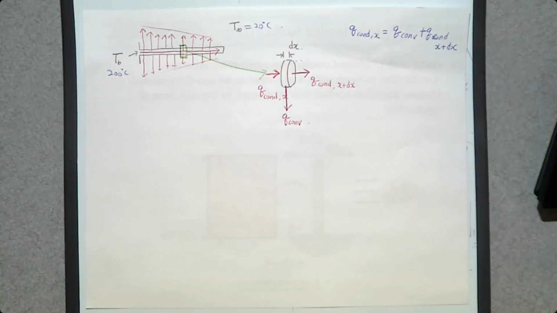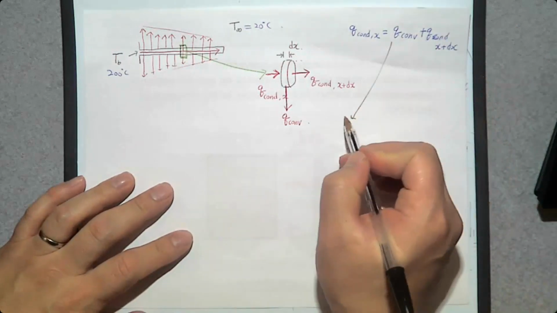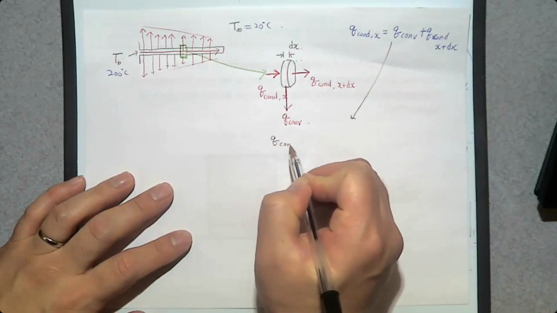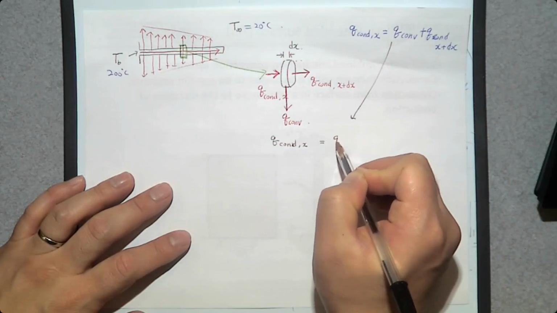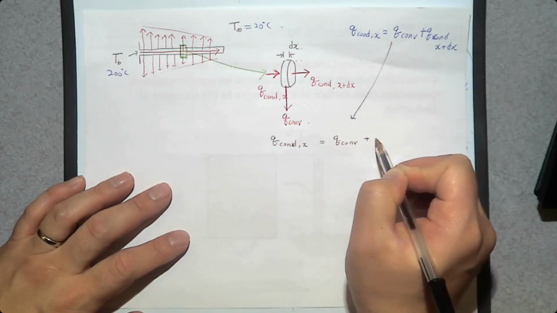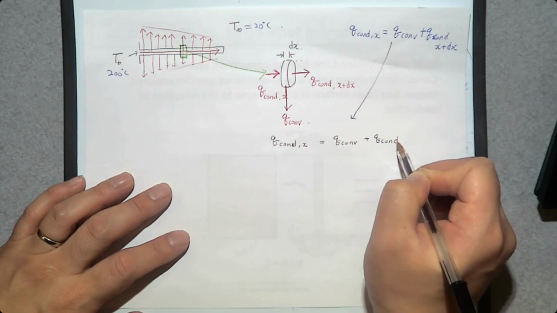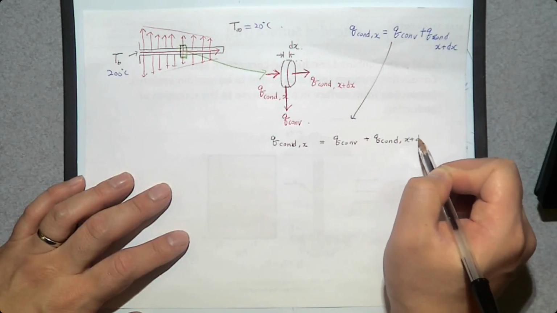So incoming heat transfer should be the same as outgoing heat transfer. Then from this equation, Q by conduction at x should be the same as Q by convection plus Q by outgoing conduction at x plus dx.